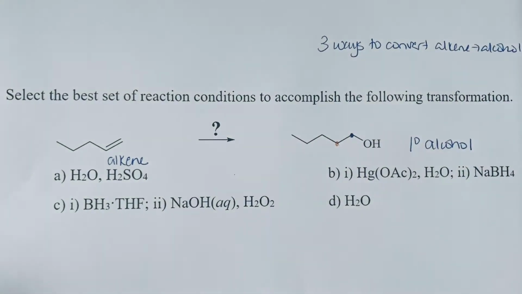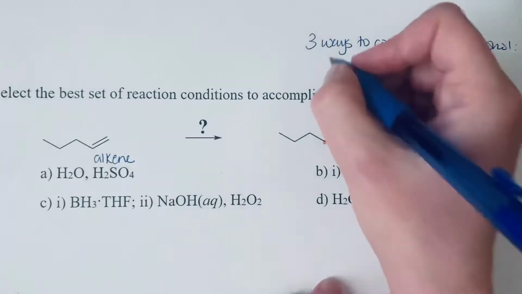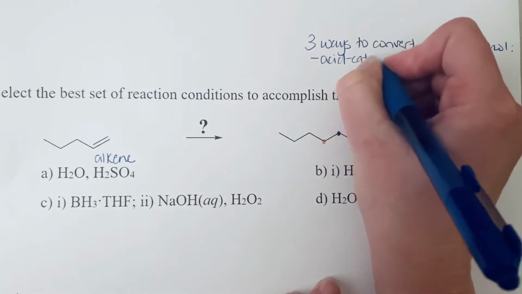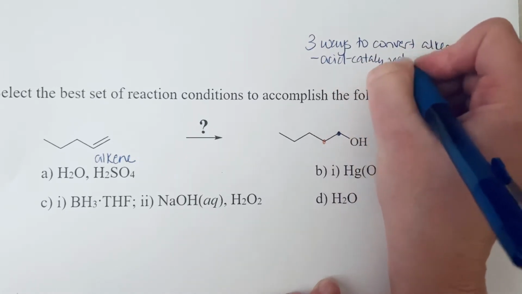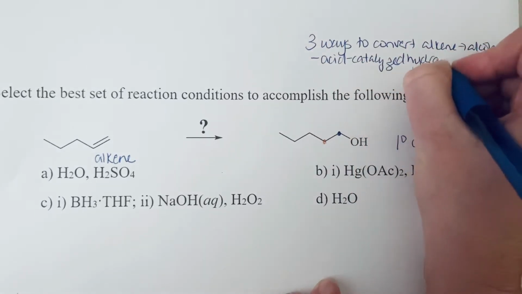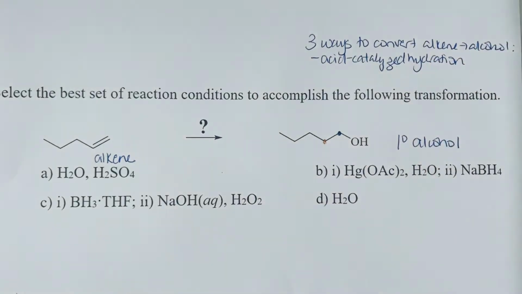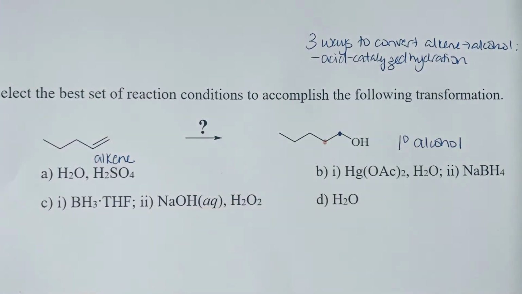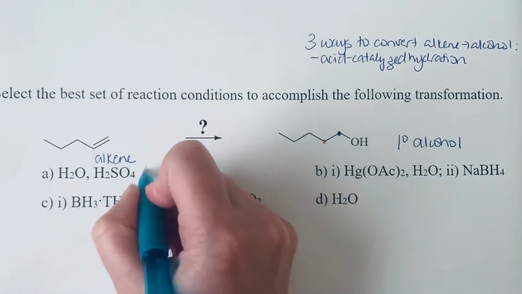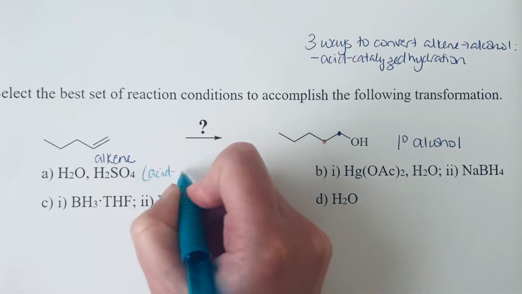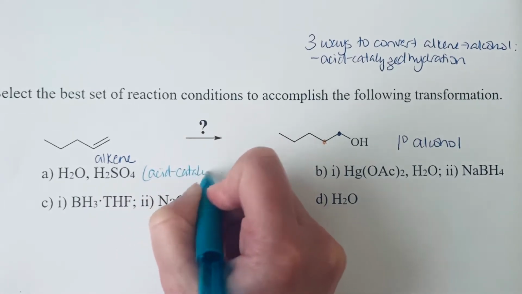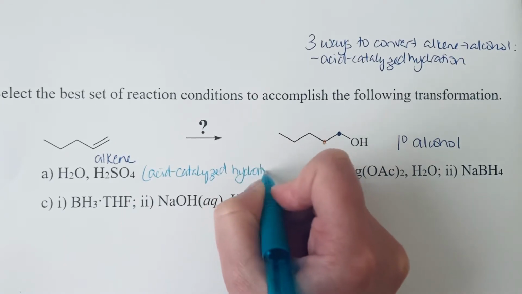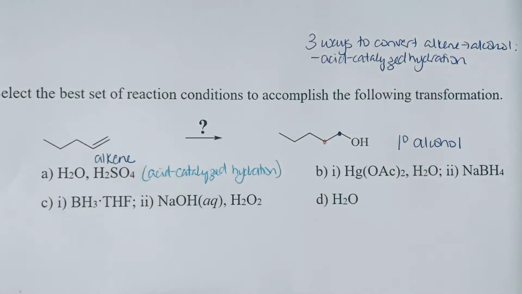The first is acid catalyzed hydration, which essentially uses water and a strong acid catalyst. Those are the conditions described here in A. So this is acid catalyzed hydration, and that is one way we have learned.